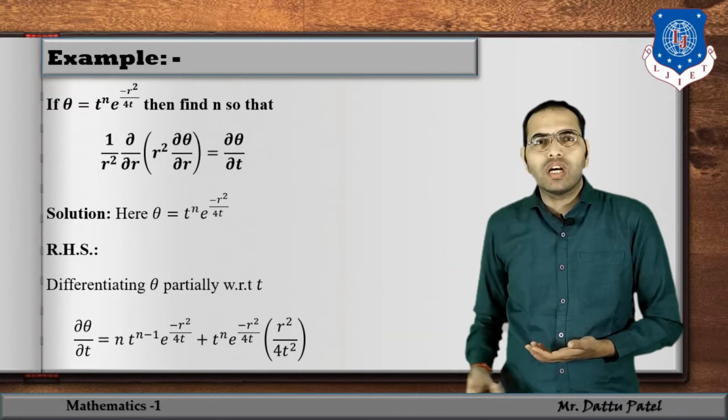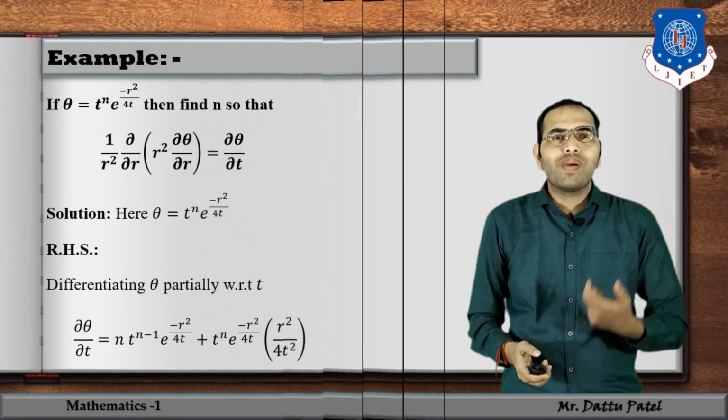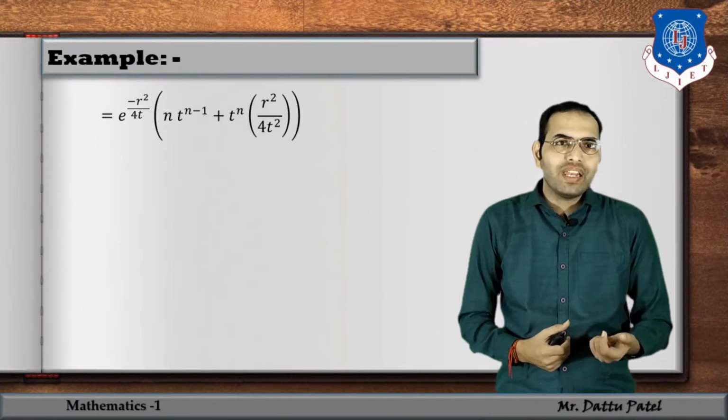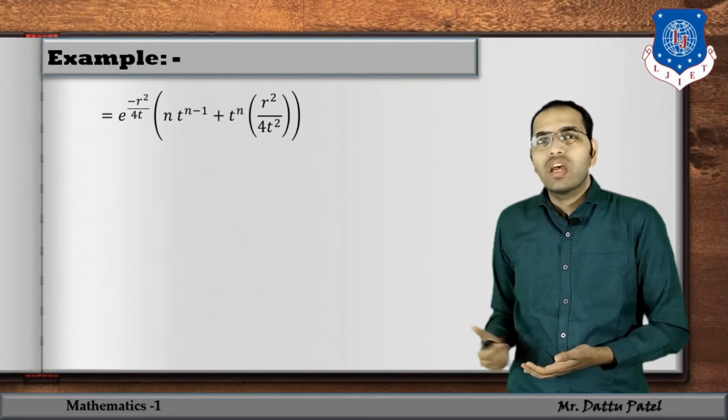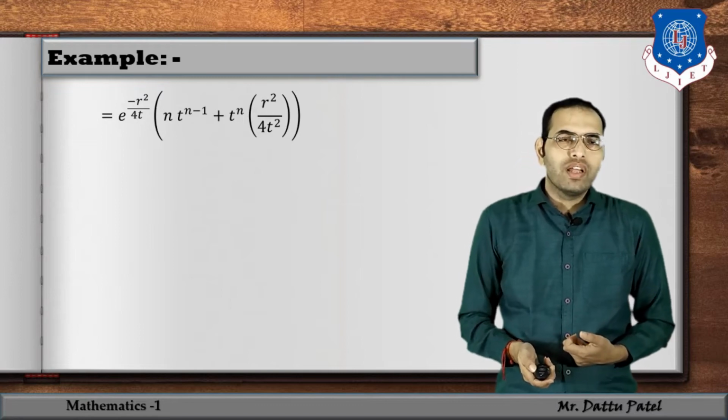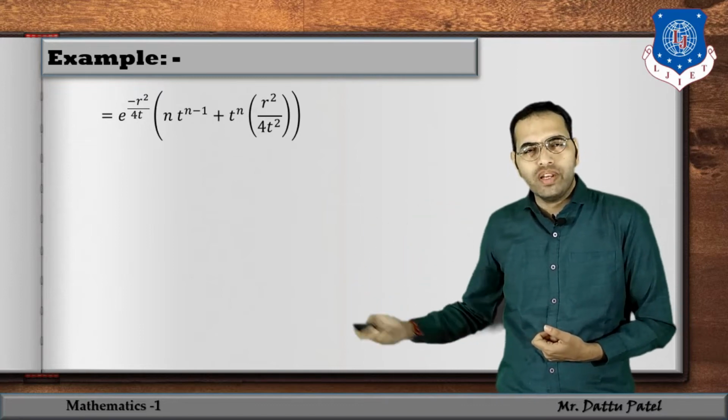Now in both terms, e raised to minus r square by 4t is common, so it comes out, and it becomes e raised to minus r square by 4t times (n t raised to n minus 1 plus t raised to n minus 2 into r square by 4). That is our equation number 1.